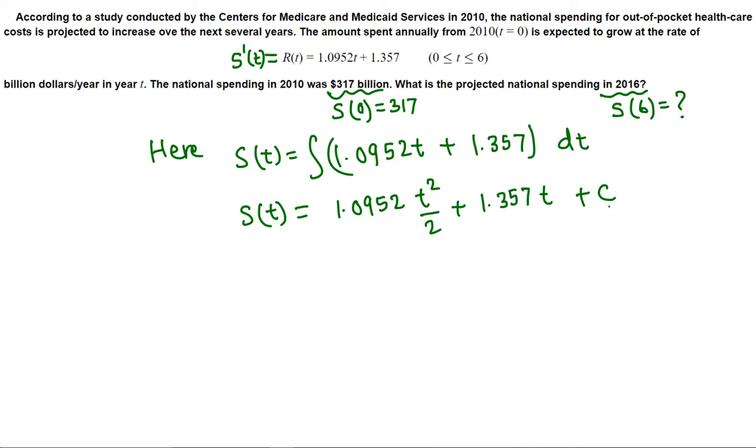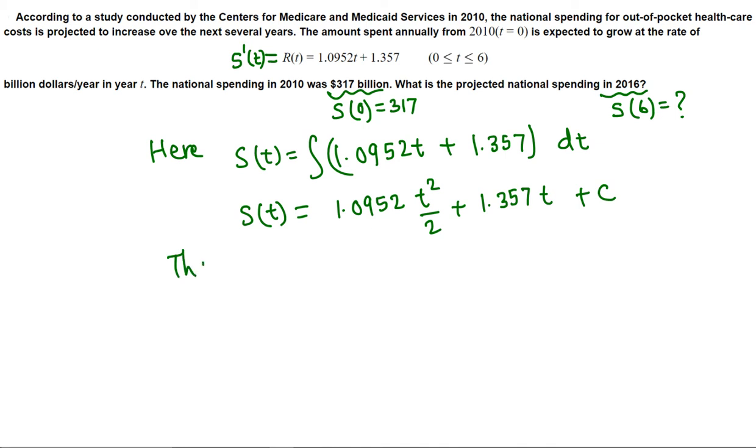But we need to find the value of c, because this is an arbitrary constant. It's given that the national spending in 2010 was 317 billion. That's when t equals 0. So when we plug in t equals 0, we get c equals 317.